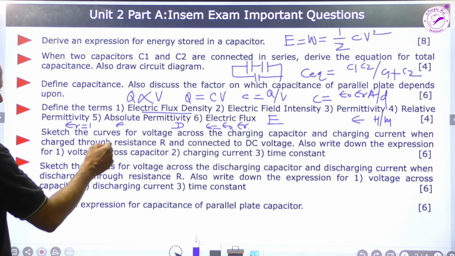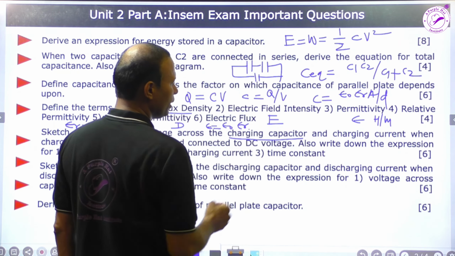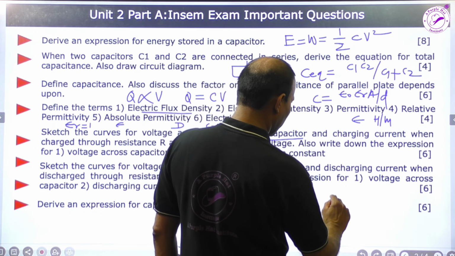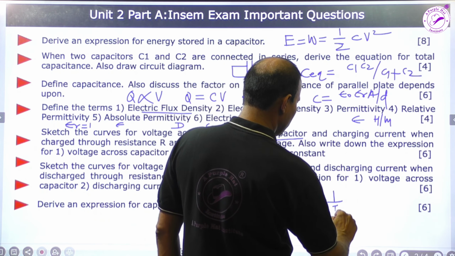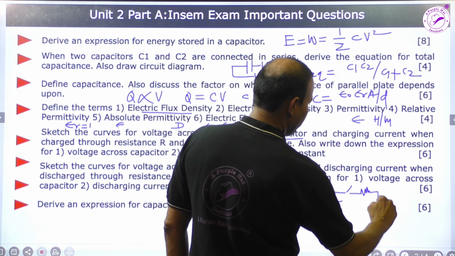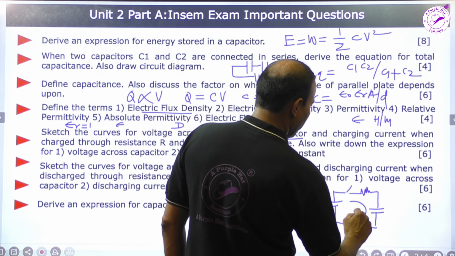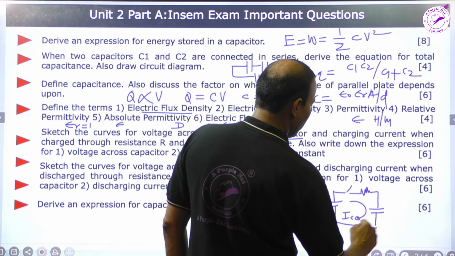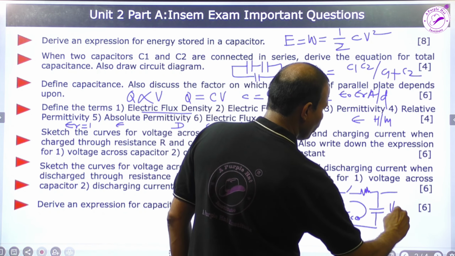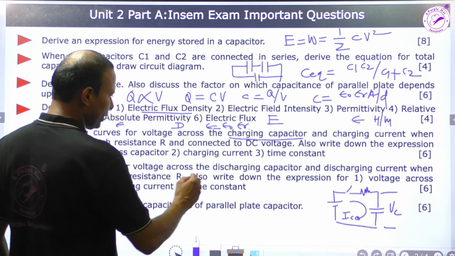Another question is, draw the curve for voltage across a charging capacitor. Yes, this is charging. So draw the charging circuit, where the DC supply is given with the help of a switch to one resistor and capacitor, and find the charging current IC and voltage across this capacitor VC. Another similar question, discharging of a capacitor.